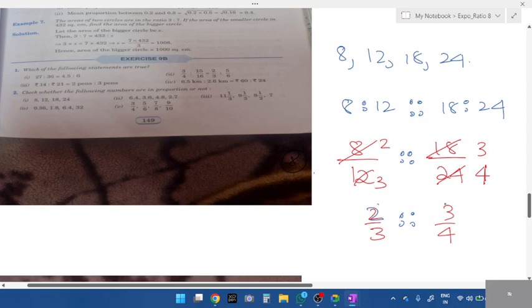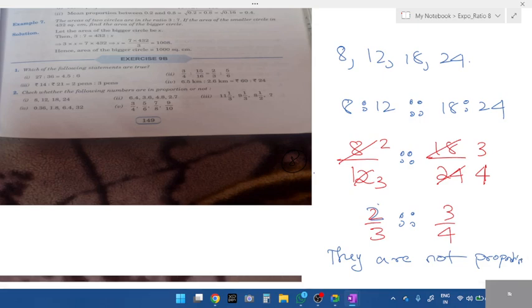See, we have 2 by 3, but here it is 3 by 4. So they are proportionate or not? They are not proportion. Check the answer in textbook. Is it correct? They are not proportion, right? What's the answer given in textbook?